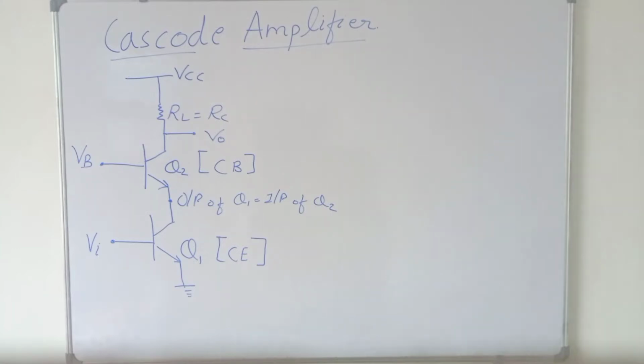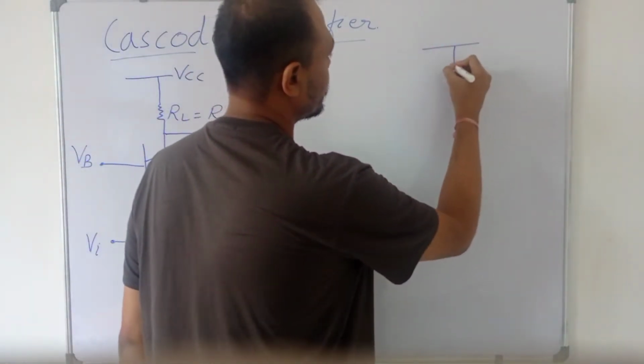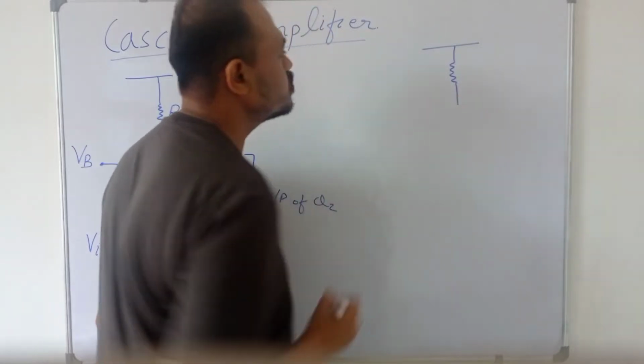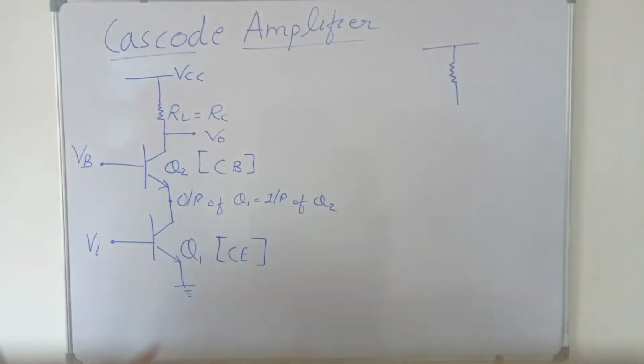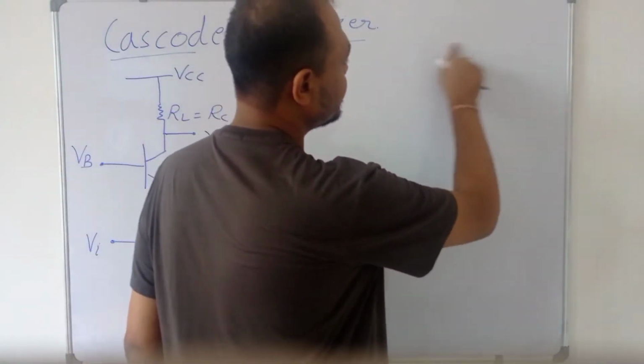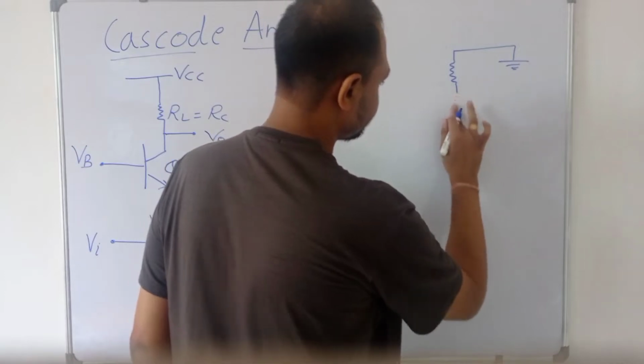Okay, so if we have to do the AC analysis, then we have to draw the AC equivalent circuit. So let me draw the AC equivalent circuit. In the AC equivalent circuit, this is the DC voltage, so it will be connected to ground because all DC sources are grounded.